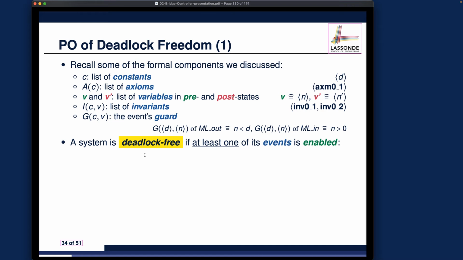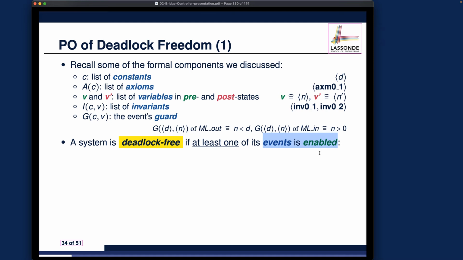So to prove deadlock freedom, we want to say at least one. Whenever we say at least one, what kind of logical operator should we use? It doesn't need to be all of them being true, just at least one being true. That sounds more like a disjunction, like an or idea. So we want to say at least one of the event guards is true, or at least one event is enabled.